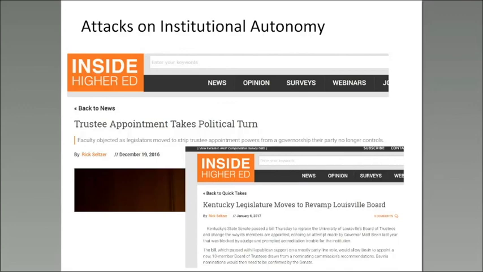To the extent that the role of the board, especially of a public board, is to insulate the institution from political interference and to uphold institutional autonomy, this process of politicization constitutes a threat to academic freedom.